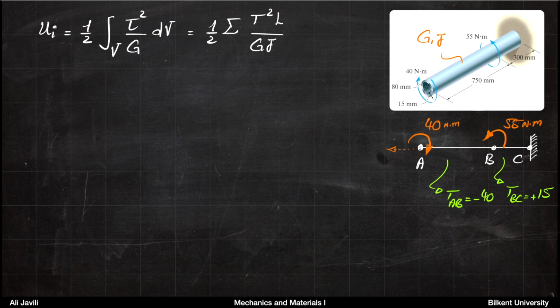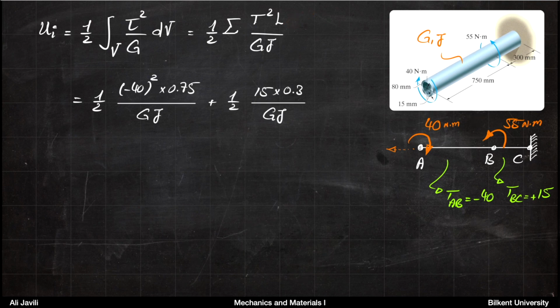And because your shaft is made of two parts, in order to calculate this integral over the volume, we would just write it as a sum over the two parts. So for each part, you calculate T within that portion. You calculate L, and G and J, you have them. So G and J are constant. We just write them as they are. 1/2 is just 1/2.